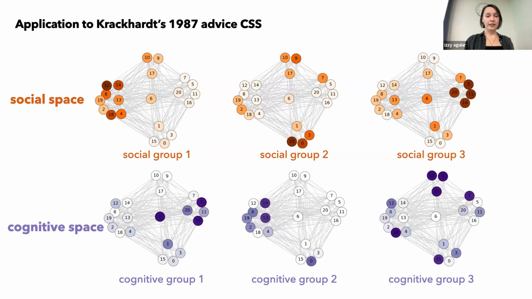The cognitive space, however, isn't as easily identifiable according to these departmental affiliations or according to any of the other metadata I have, which is tenure, age, and reporting status.